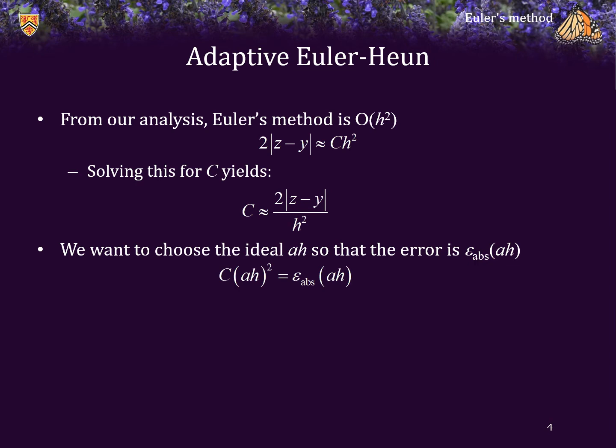Now, we don't want to use this interval width size. We actually want to find the ideal interval size a times h so that the error is the absolute epsilon value times the width of this new interval.